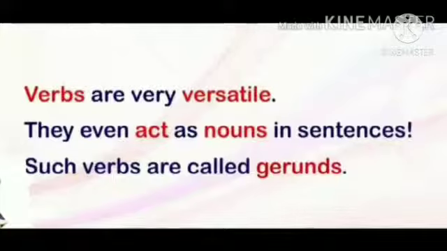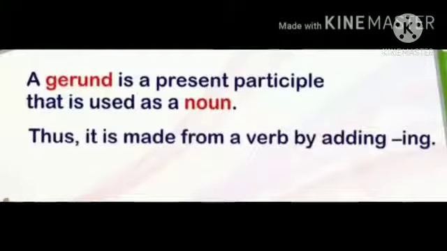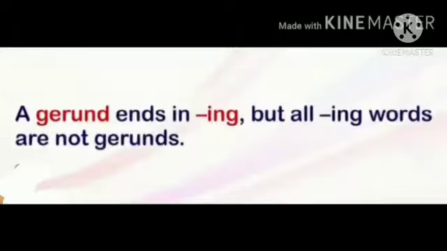Such verbs are called gerunds. A gerund is a present participle that is used as a noun. Thus, it is made from a verb by adding ing to the verb. A gerund ends in ing, but all ing words are not gerunds.